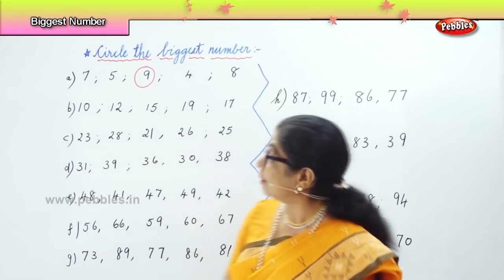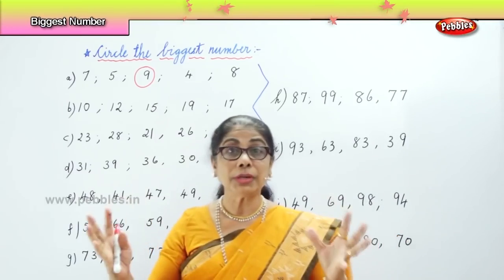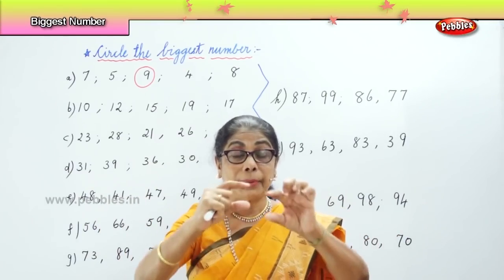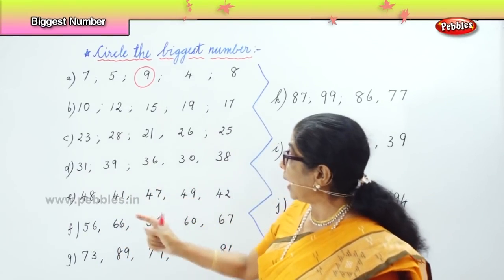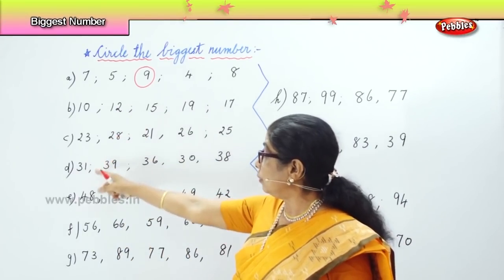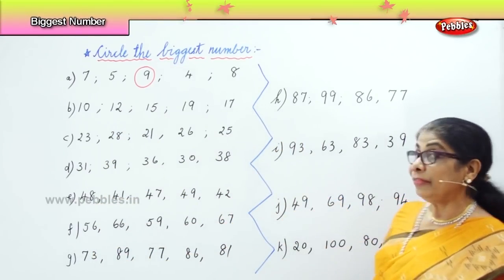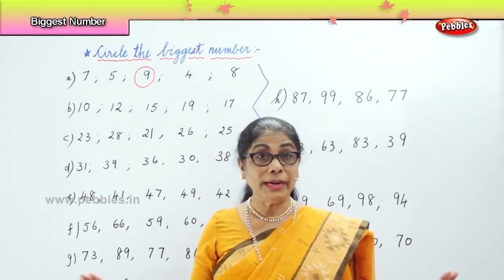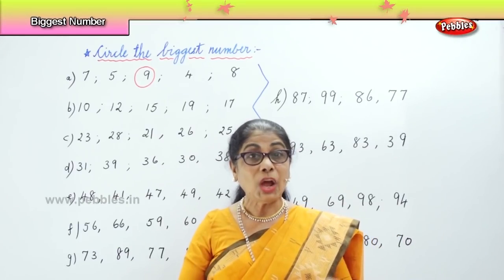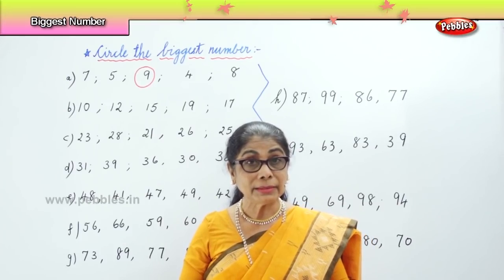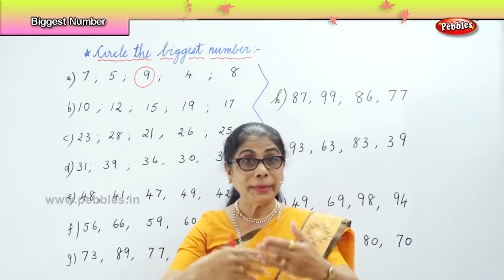Now, we're going to look at all the numerals I put up. We're going to check for ourselves to circle the biggest number in each row. We have 10 rows of numbers, big and small, all mixed up.